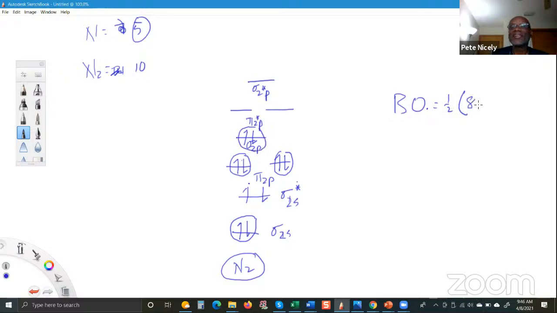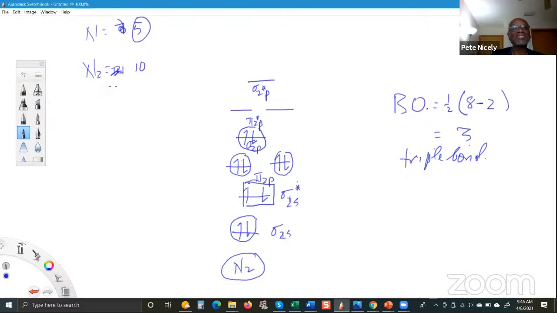So half of 8 minus the number of anti-bonding electrons, which would be only these 2 right here. So let me put that in a square to make a distinction. So that would be 2 here. So therefore, this works out to be equal to 3. And that's why, based on this theory, we know that there's a triple bond in the case of the nitrogen molecule, the N2 molecule, all right? So that's what happens in the case of the nitrogen molecule.